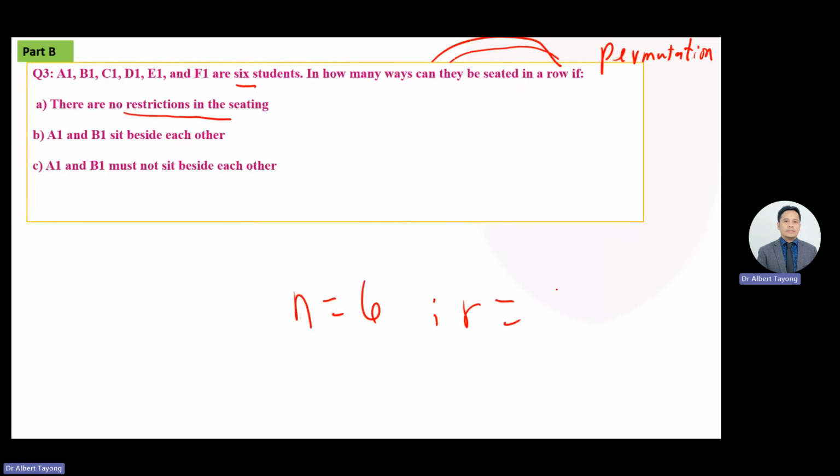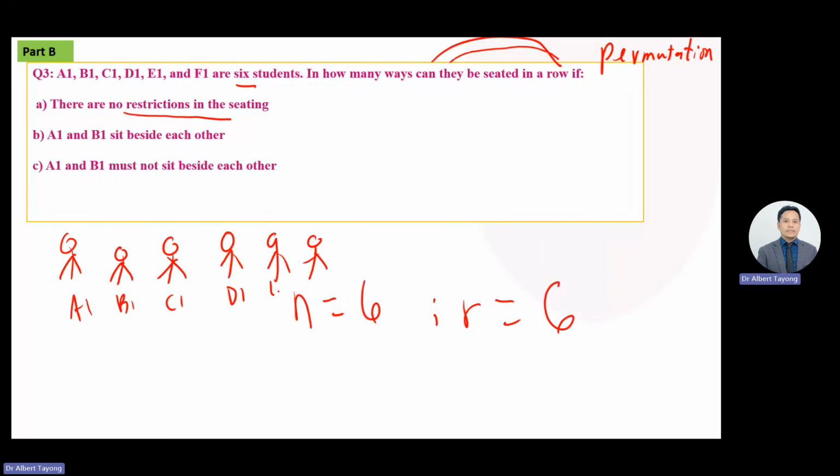Our r is also equal to 6 because every time we are just rearranging them. It could be A1, B1, C1, D1, E1, and F1, so it could be this arrangement, or we can shuffle them.